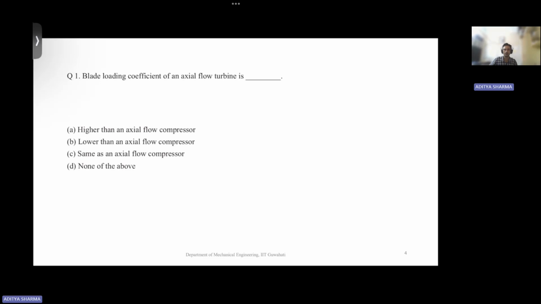Four options are there. With respect to the energy that we are giving, in terms of your blade velocity, in your compressors.